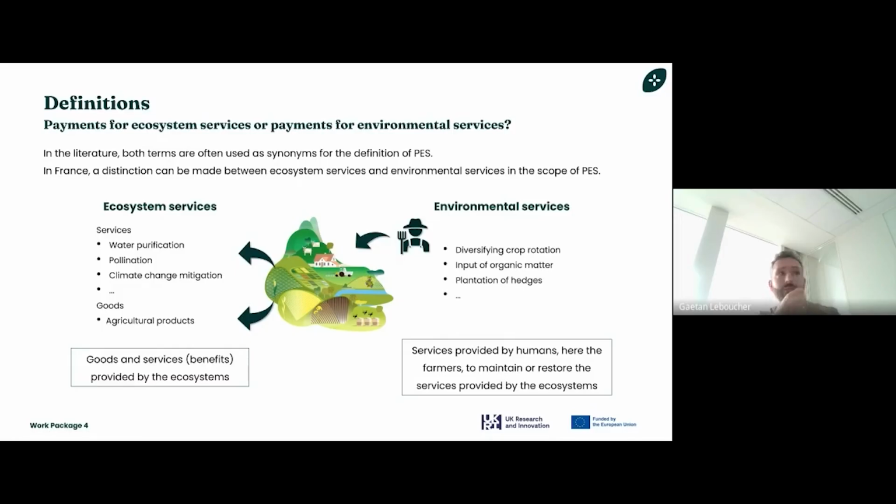For example, for a land manager, it can be the conservation of the forest that will provide hydrological services, which are provided directly by the ecosystem. Even with this small distinction, both terms are often used as synonyms for the definition of payment for ecosystem or environmental services.